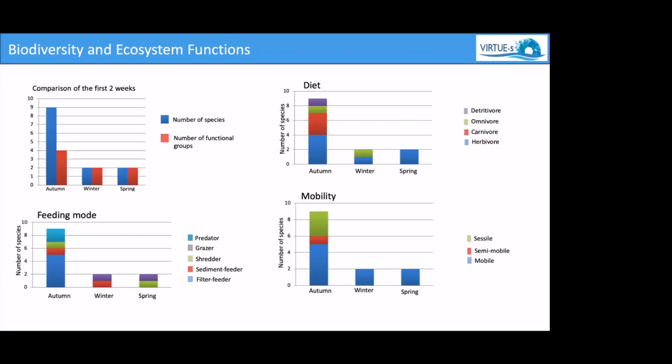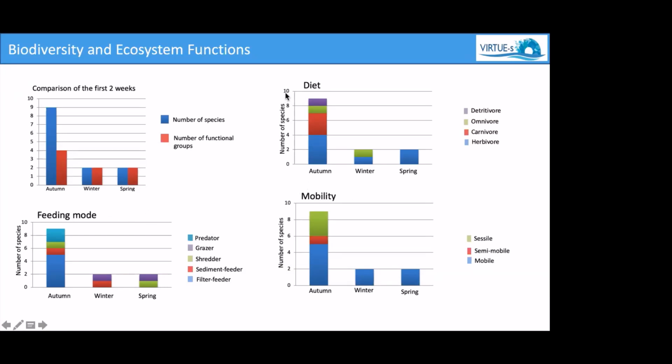So this is just a simple way of how you can apply these functional groupings in the school without necessarily having to count all the individuals in species, but you just have to count what species are there, and then classify them according to these functional groups, depending on what trait you would like to use: feeding mode, diet, and mobility.